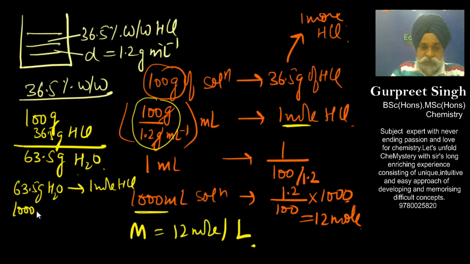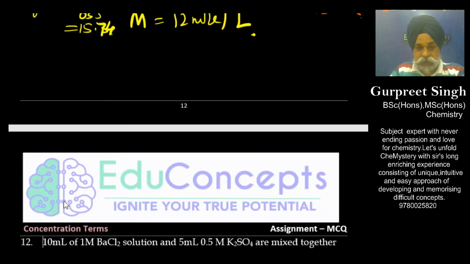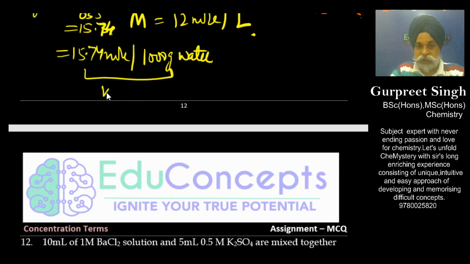If I have 1000 gram of water, whatever moles you would have in 1000 gram, that is its molality. So 1000 divided by 63.5 would make 15.74 moles. So 15.74 moles are there in 1000 grams of water or 1 kg of water. This is what you call molality. So molality is 15.74 and molarity is 12.